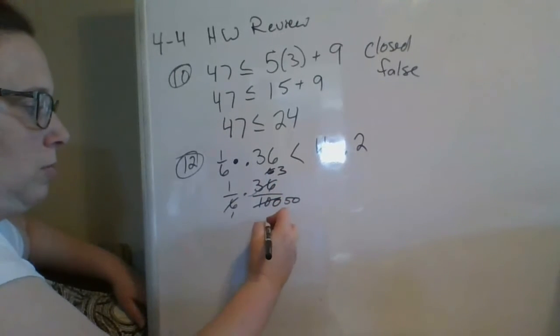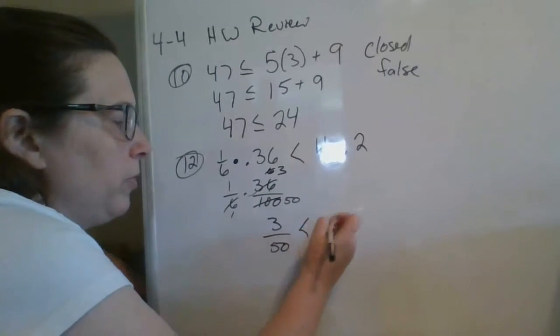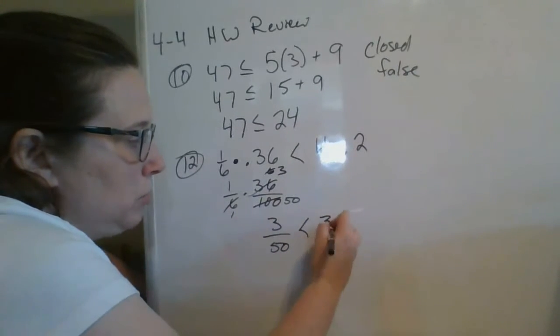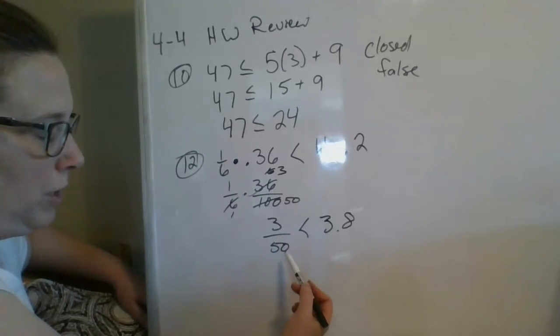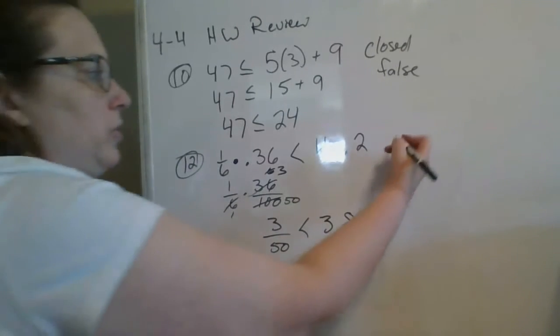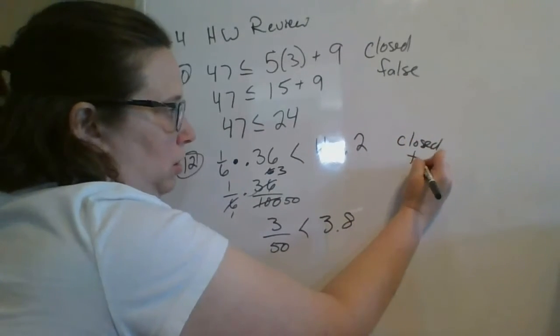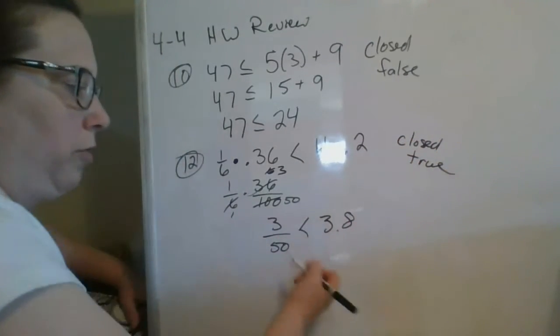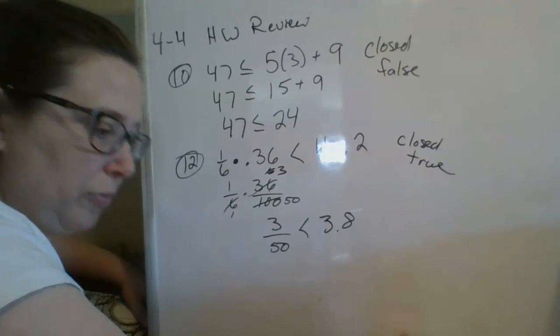So this would be 1 times 3 and 1 times 50, so we have 30 50ths. On this side, we're going to subtract, and we now have 30 50ths is less than 3 and 8 tenths. So this is closed because I had no variables, and it is true. 30 50ths is in fact less than 3 and 8 tenths.